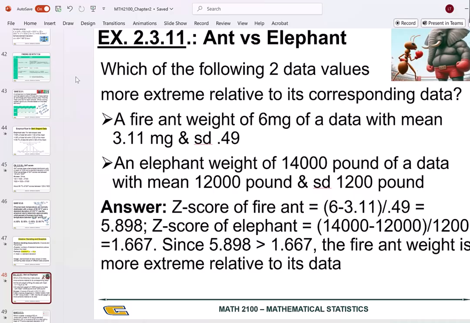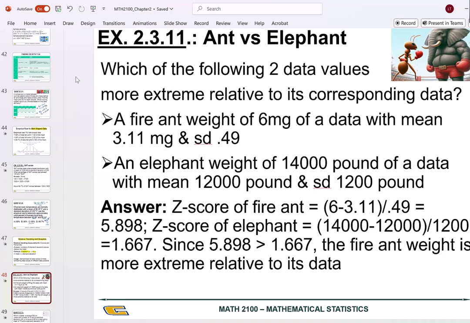So for this fried ant population, the mean value is 3.11 and the standard deviation is 4.49, and this ant is 6 milligrams. And an elephant weighs 14,000 pounds, from data with mean 12,000 pounds and standard deviation 1,200 pounds.